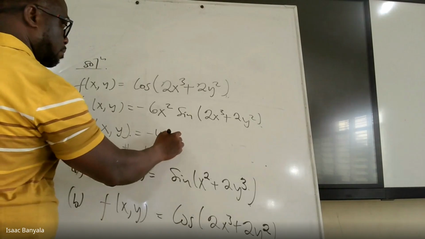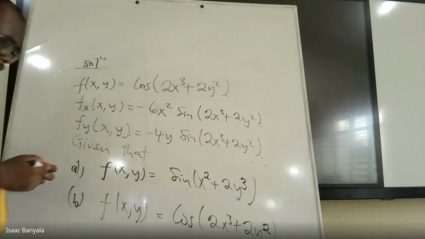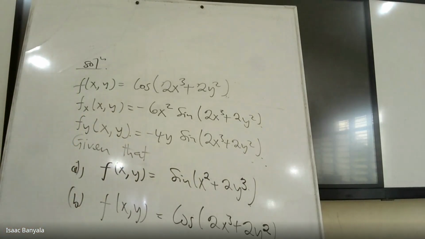The next one is negative 4y sine of (2x cubed plus 2y squared). So that's the answer for 1 and 2.